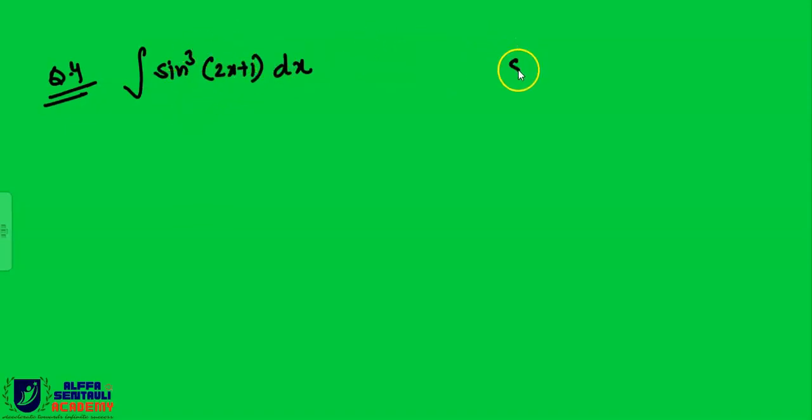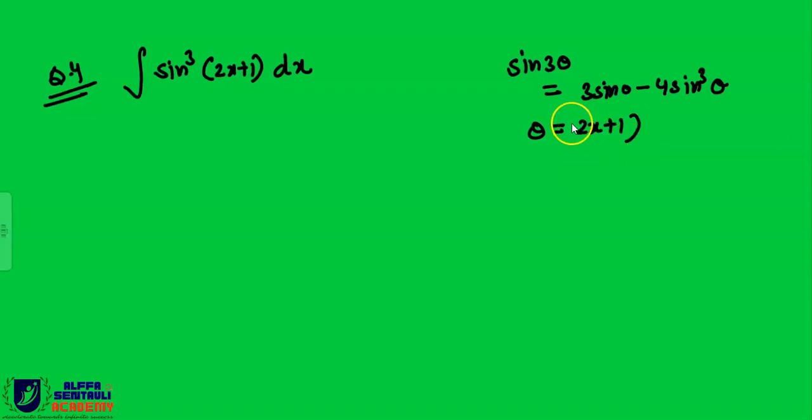So how will we get this? See, we have studied this formula, beta, sin 3θ. What is sin 3θ, or sin 3A? It is 3 sin θ minus 4 sin³θ, correct? Right beta? So now you can replace this θ by 2x plus 1, correct?